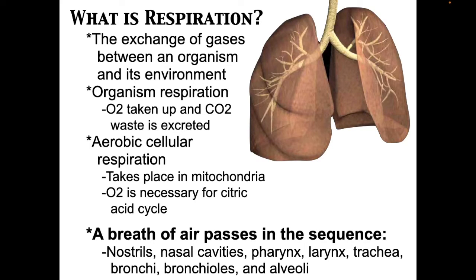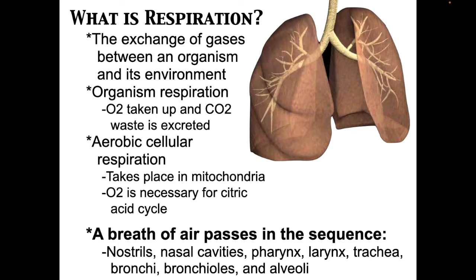Now, aerobic cellular respiration, that's referring to what's happening in the cell. As we talked about cellular respiration, the production of ATP, glycolysis in the Krebs cycle, utilizing the glucose, the sugar, to make energy, we need oxygen for this to take place. So this is going to be called aerobic respiration.